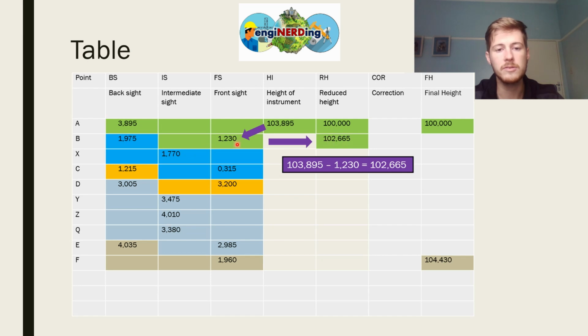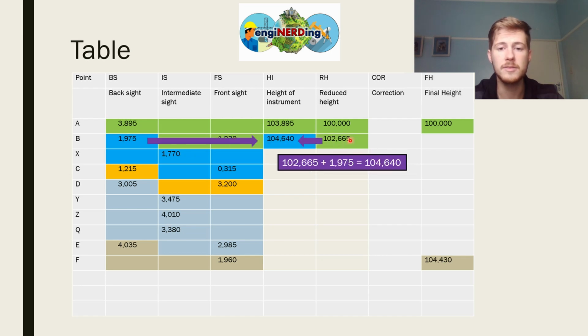That was the last reading of the setup, so we start a new setup. We take this new reduced height, add our back site once again, and get the new height of instrument for the new setup. Then we take this height of instrument and subtract our intermediate site and our fore site from it.